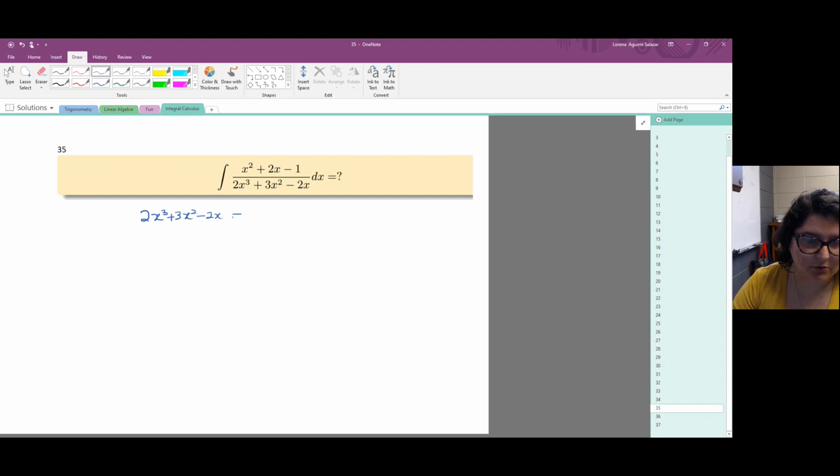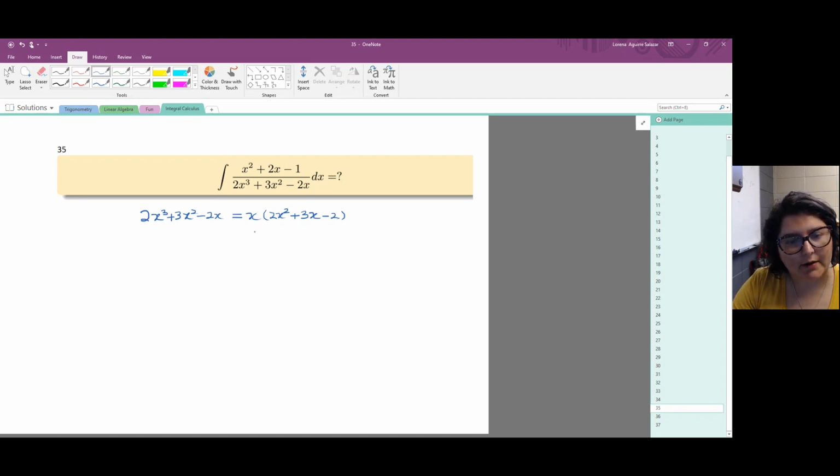We can start by noticing that x is a common factor. So we have x times (2x squared plus 3x minus 2).